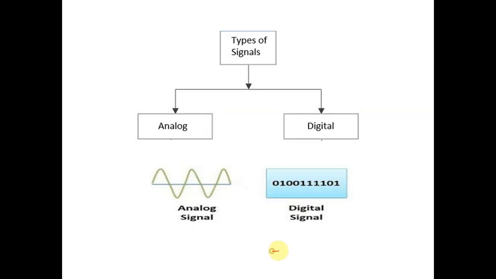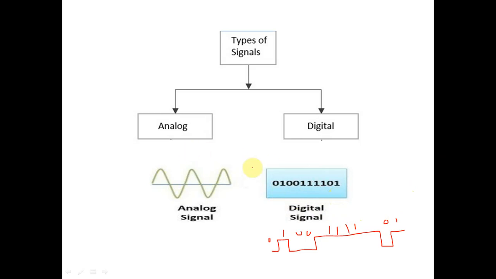See here, 0 1 0 0 1 1 1 0 1. I write this diagram like this: 0 1 0 0, four times 1, 0 1. This is the graphical representation of this data.